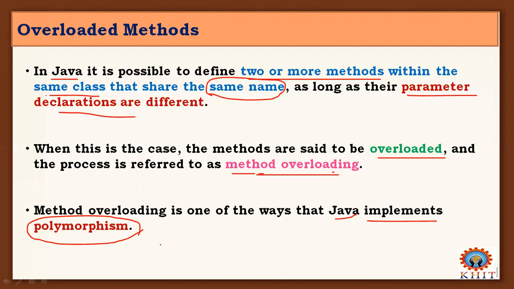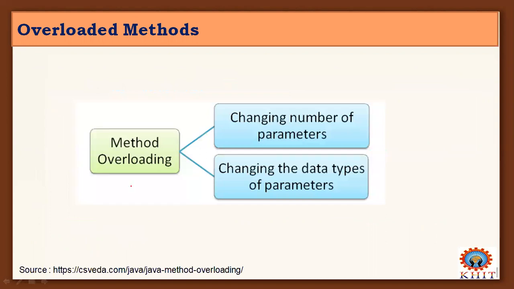And we'll see some important things about method overloading. Changing the number of parameters is one constraint to differentiate them. We already learned that one.